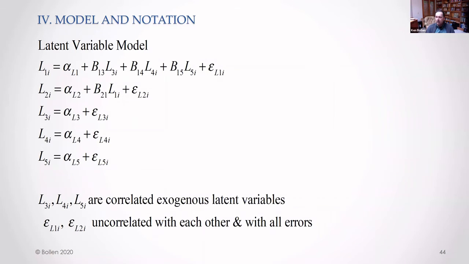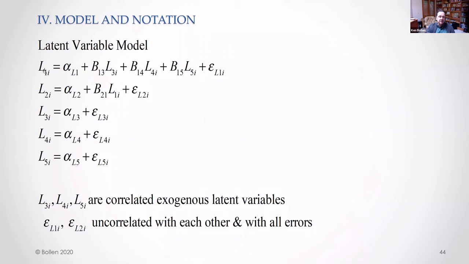So it's just another way of representing these equations that some people find much easier to grasp than just looking at a series of equations. But the information that's contained in the path diagram or in these equations is the same. I could look at that path diagram and just read these off, or I could look at these equations and create a path diagram from it.